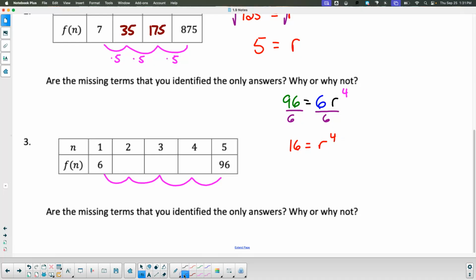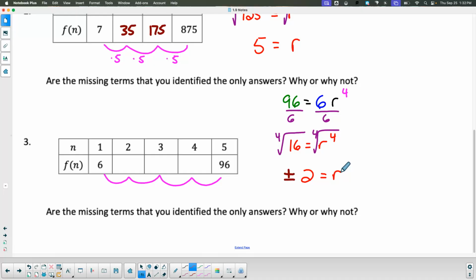So I'm going to need to take the 4th root of each side. It's an even root, correct? Yes. So that means I have to start with plus or minus, and the 4th root of 16 is 2.